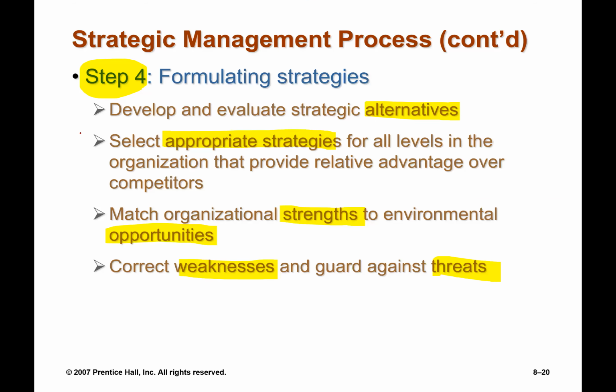Okay, then step number 4. Still, we are at the strategic management process. Remember, step number 1 is knowing the mission and vision of the organization. Once you are very clear on that, step number 2 is doing external analysis, knowing the opportunity and threat. Step number 3 would be doing internal analysis, knowing the strengths and weaknesses of your organization.